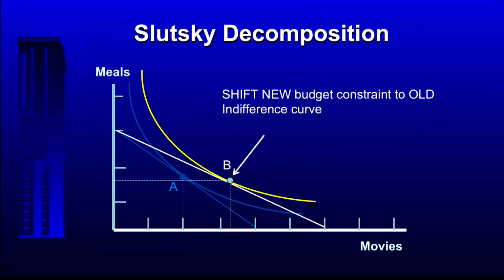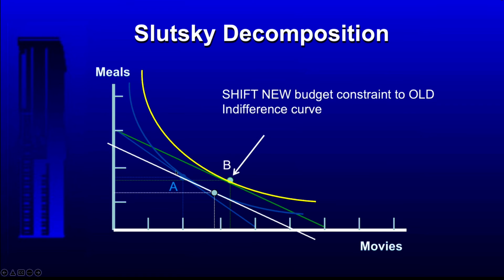Now we're going to take away from the consumer the extra amount of buying power that he got because the movies are relatively cheaper. So at the newer prices, he can buy more of meals and movies than he could before, but we're going to take that extra buying power away from him by shifting the budget constraint down so that it touches the lower indifference curve on which he was before.